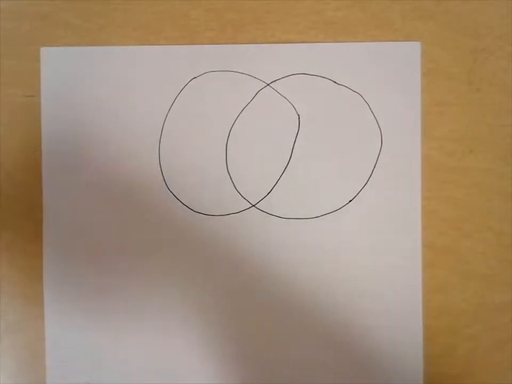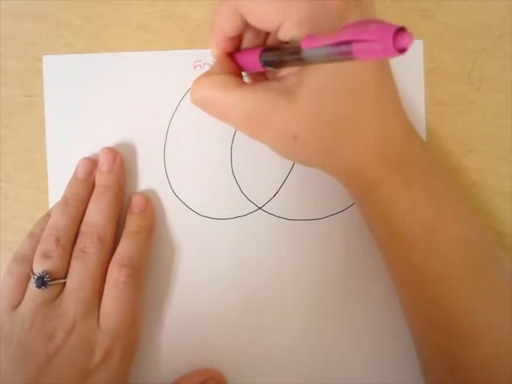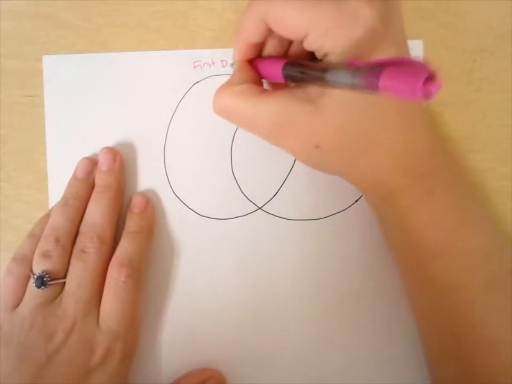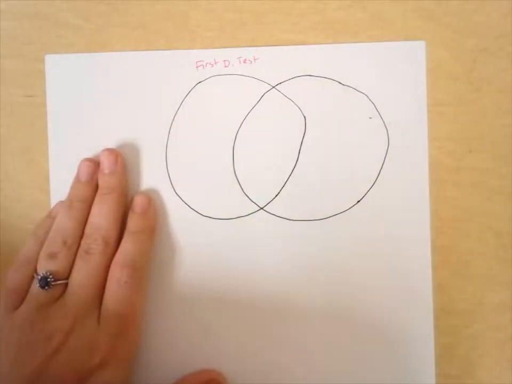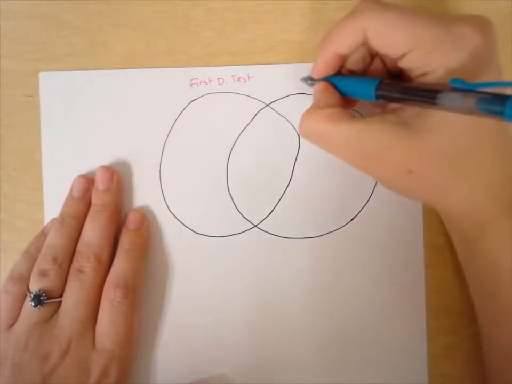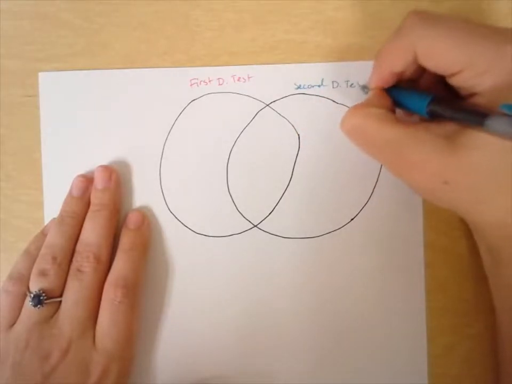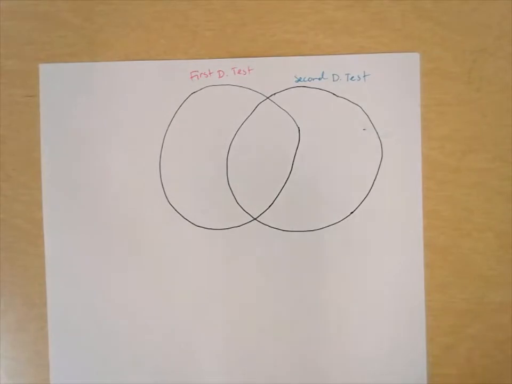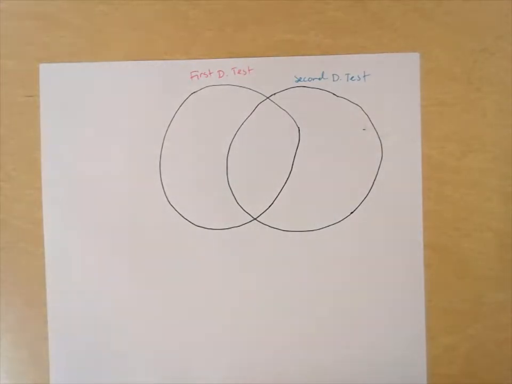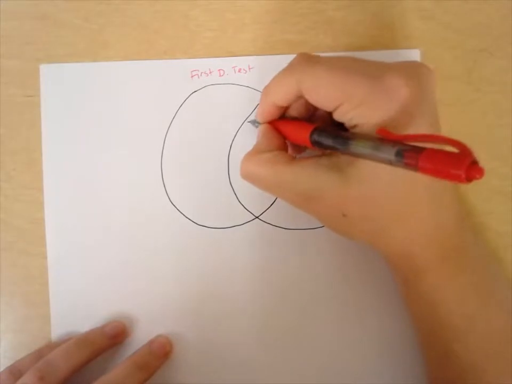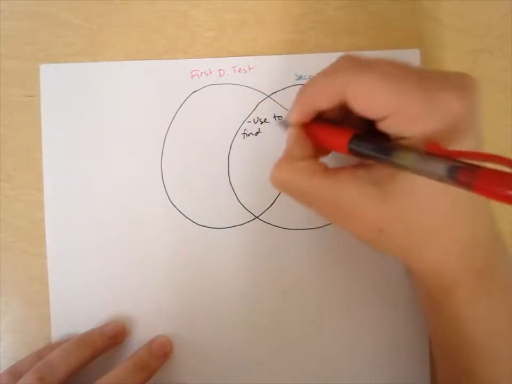So let's talk about the first derivative test. I'm going to say first D test, and then I'm going to say in blue the second D test. And let's write in black what they both help us find. They both find extrema.